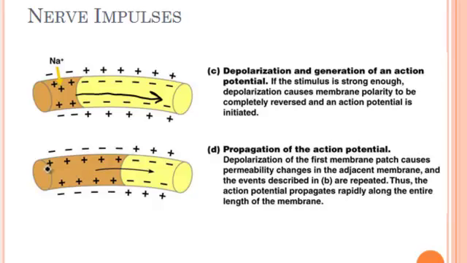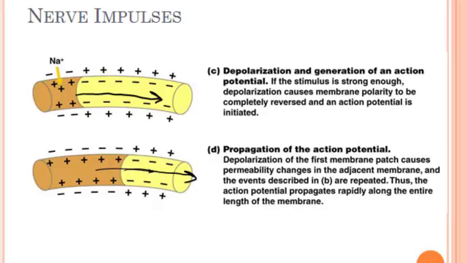So now all along the inside we're going to have positive, all along the outside we're going to have negative. It's going to continue to move down the axon. This is our electrical signal. It starts at one side of the axon, and once the depolarization begins, that action potential is going to move clear down the axon, clear until the end.